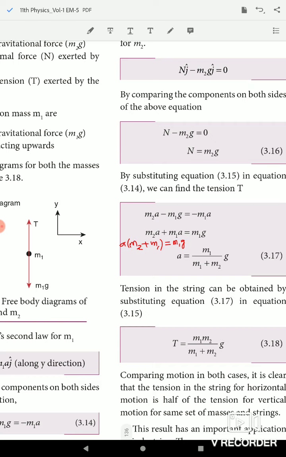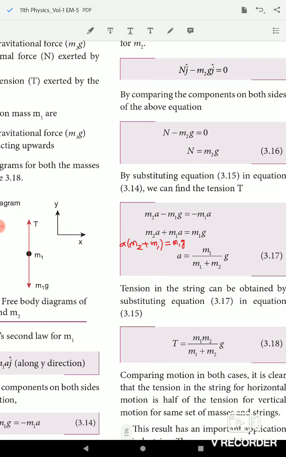So both sides, the a values are kept on one side, so m2a plus m1a equal to m1g. So take a outside on the left side, so (m2 plus m1) a equal to m1g. So a equal to m1 divided by (m1 plus m2) into g.